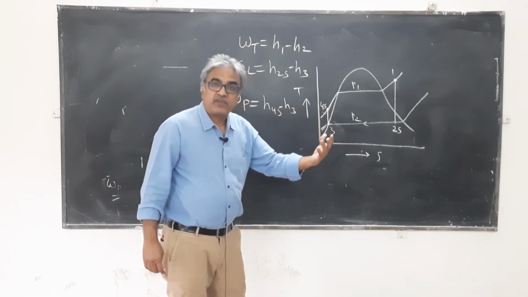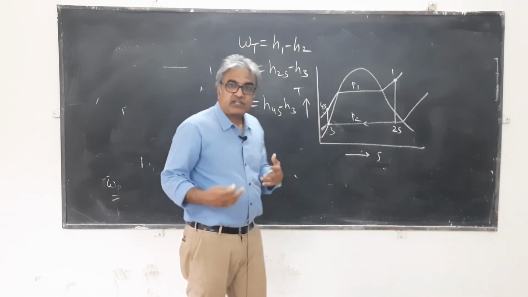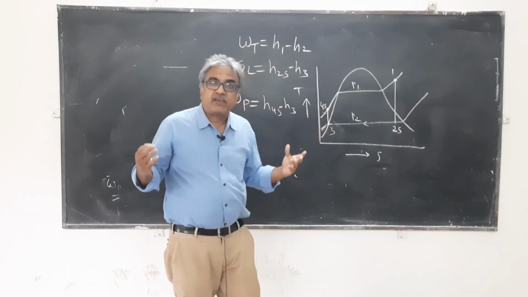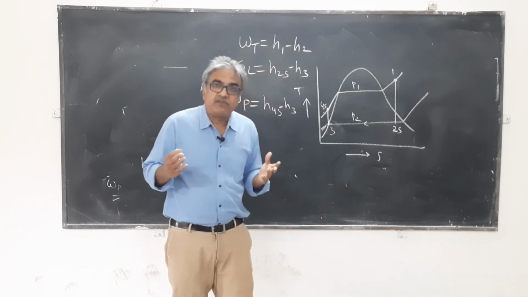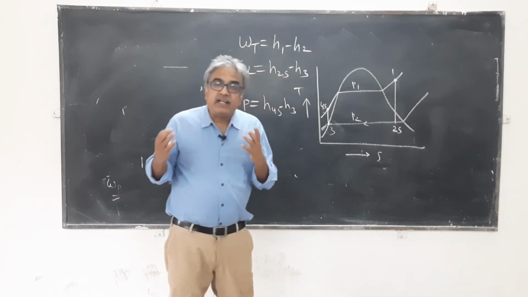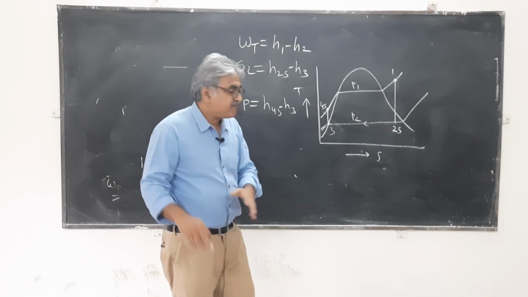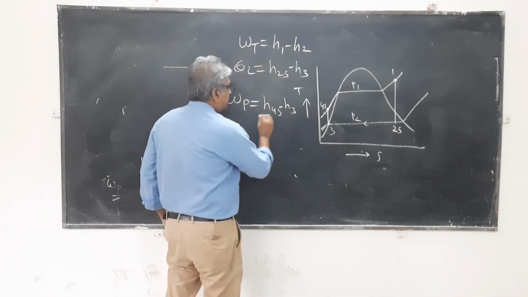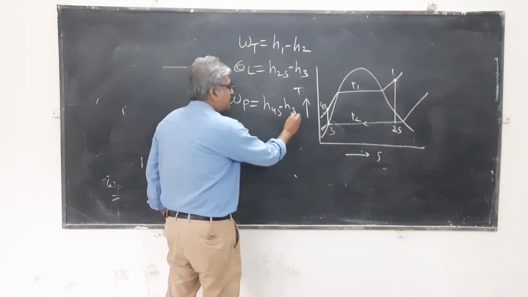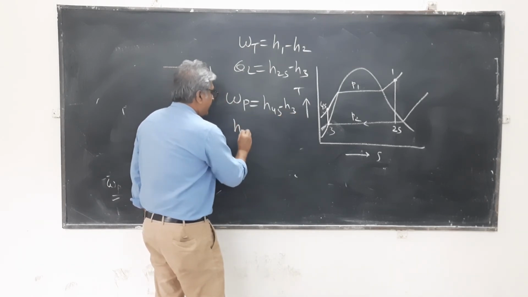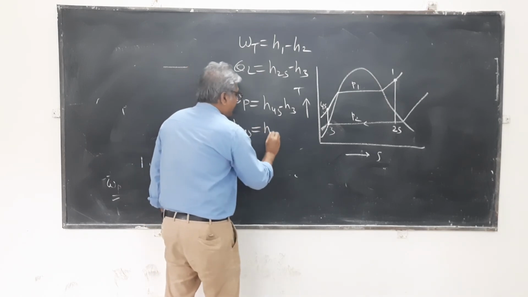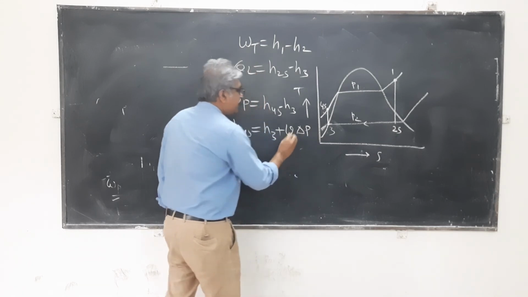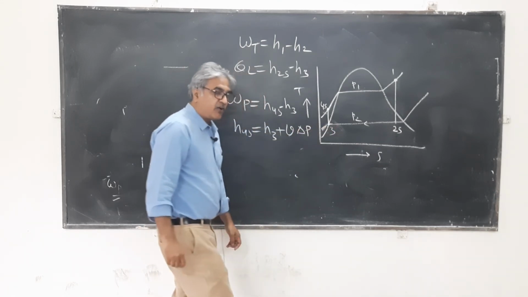When you do the integration of VdP, V is constant because it is liquid here and liquid here, and the specific volume of liquid at different pressure won't change. So the integration of VdP is V into delta P, where V is the specific volume of saturated liquid. So WP is H4S minus H3, or you can say H4S is also H3 plus V into delta P, where V is the specific volume at point 3 of saturated liquid.